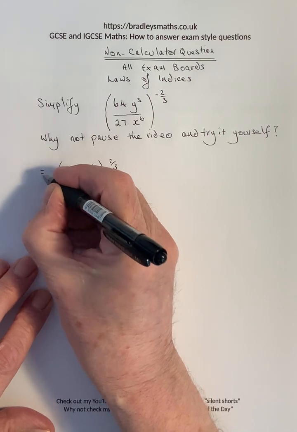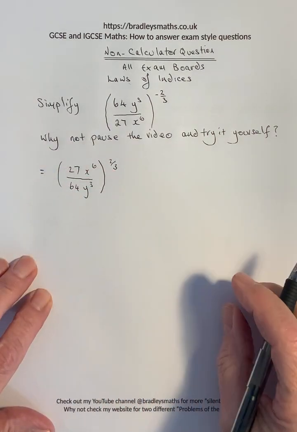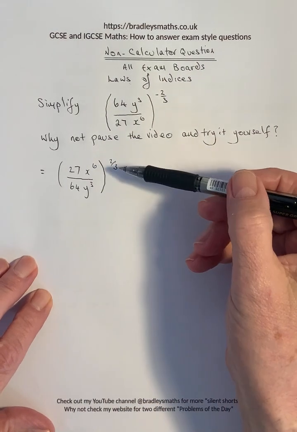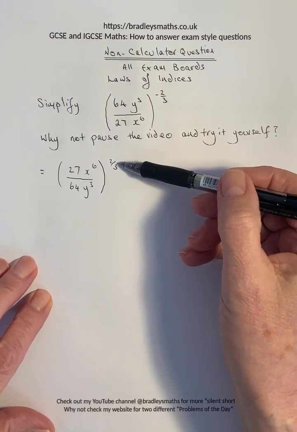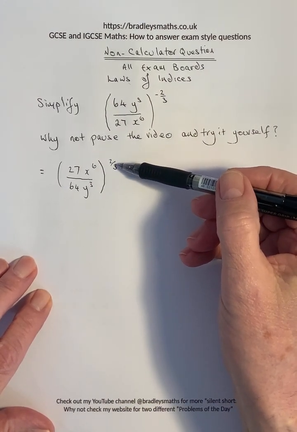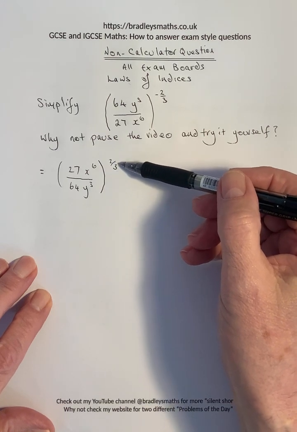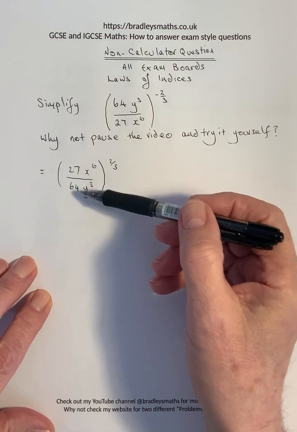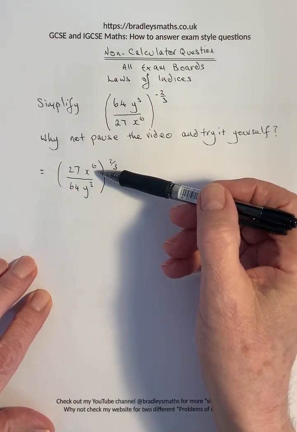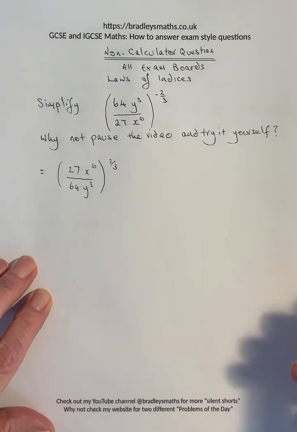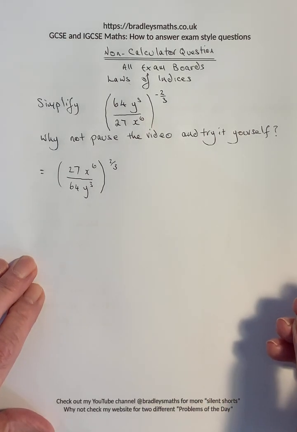So the advice is always do the root part of these first. Okay, always do the root part first. So this is the cube root of 27, the cube root of 64, the cube root of x to the 6th, the cube root of y cubed is really straightforward.